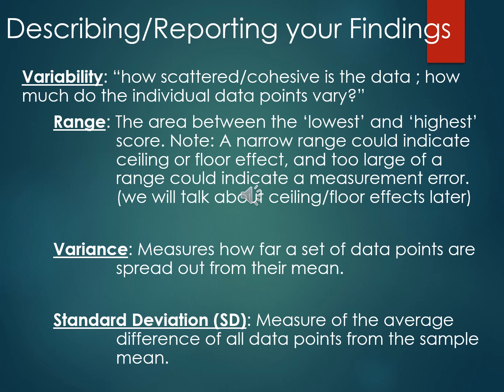The variability is how scattered or spread the data distribution is, and it is expressed with range, variance, or standard deviation. The standard deviation is the most common way of describing the variability of your data. And standard deviation is the average distance of all the score points in the data from the sample mean.